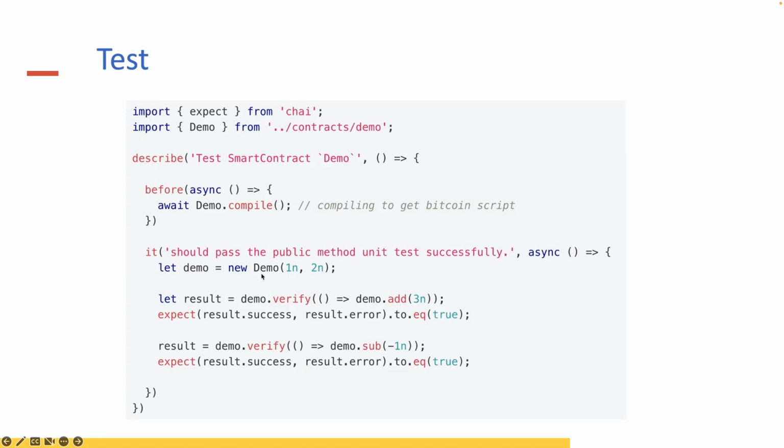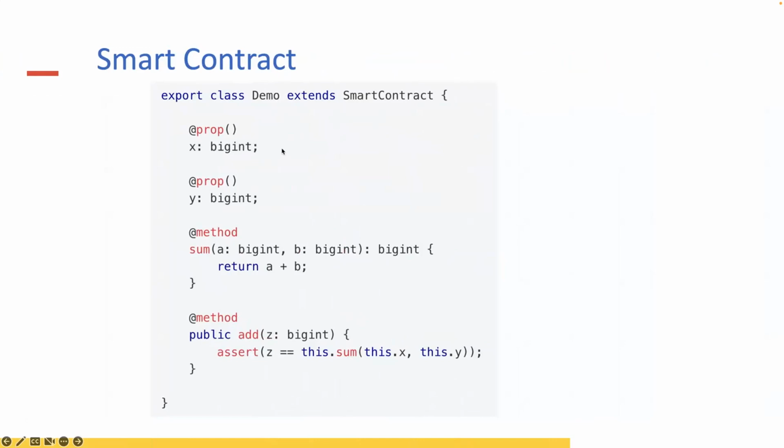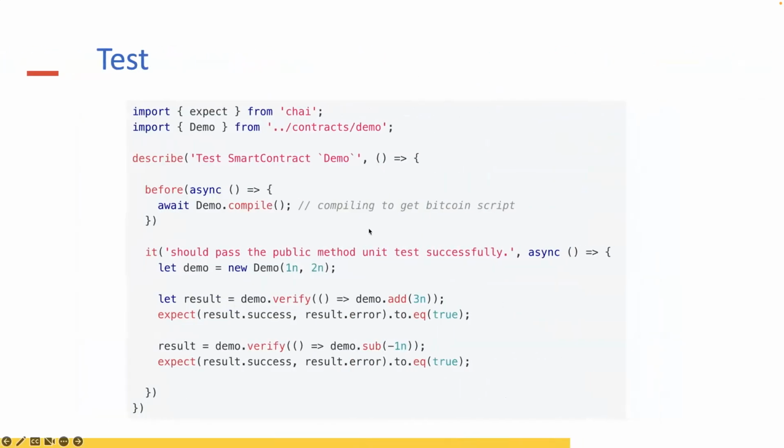If you remember what the demo contract does, let me show it quickly again just to refresh. This is the demo contract we had before. You initialize it with two numbers, and then you assert whether the argument you pass in is equal to the sum of these two numbers. So in this case, when you are testing, because we initialize it with x equal to 1 and y equal to 2.